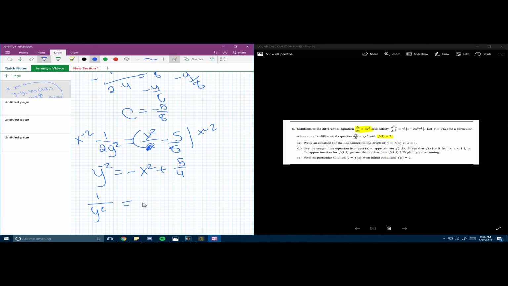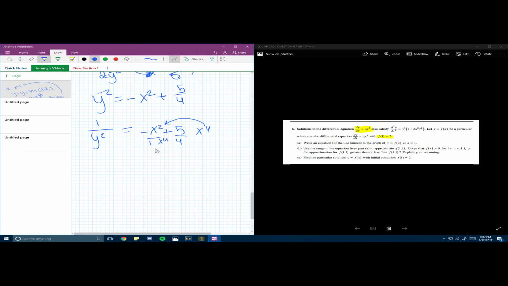Alright, so here we have negative x squared plus 5/4. Well, if you want to get, sorry, I ran out of space, but you would simply just multiply by 4 here, let's pretend there's a 1 there, times 4 here. And since they have the same base, because that's what we wanted to do, is have the same base, we get 5 minus 4 x squared, all over the same base of 4.